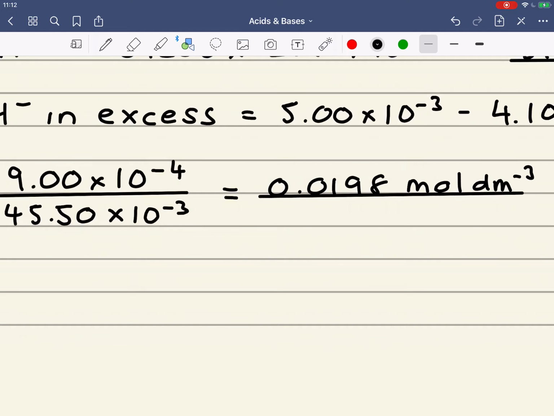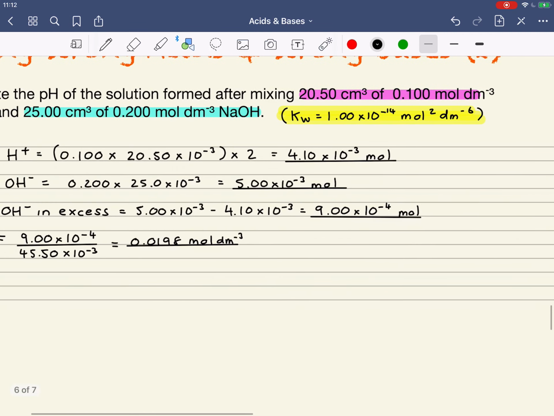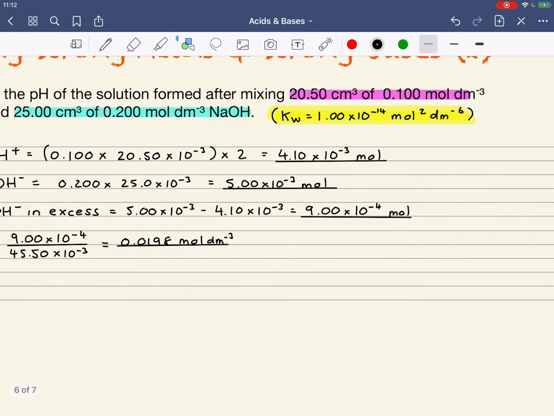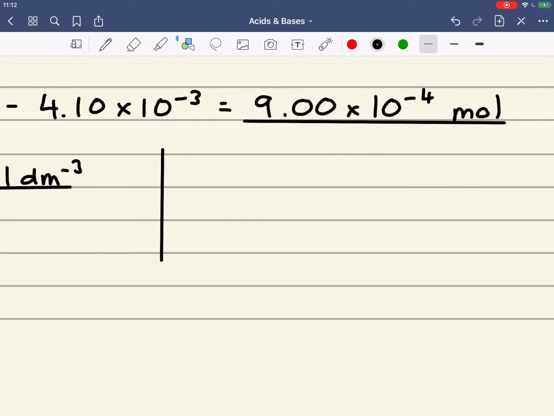Now we need to use this Kw value given here to work out my hydrogen ion concentration. So remember now that H plus is equal to Kw over the hydroxide ion concentration.